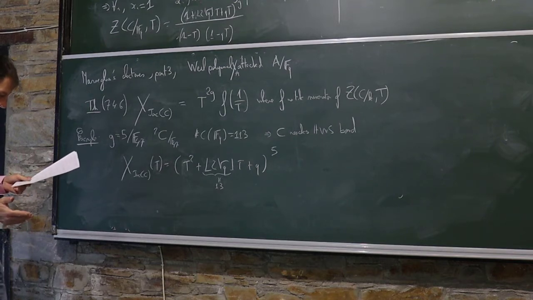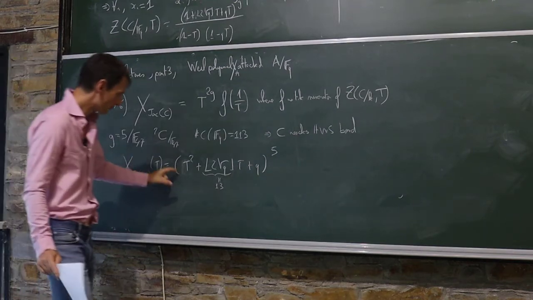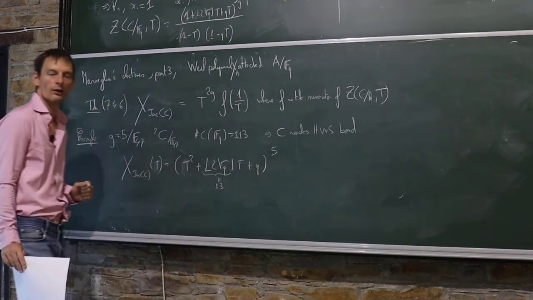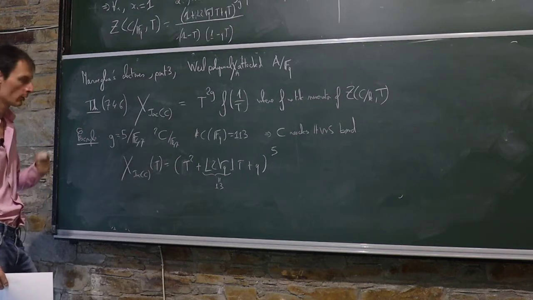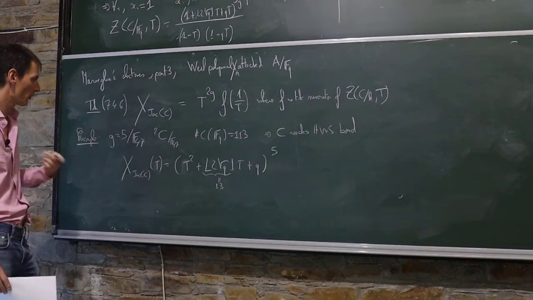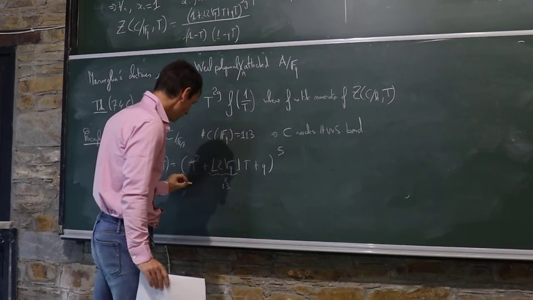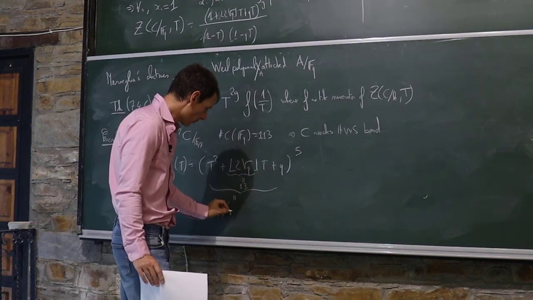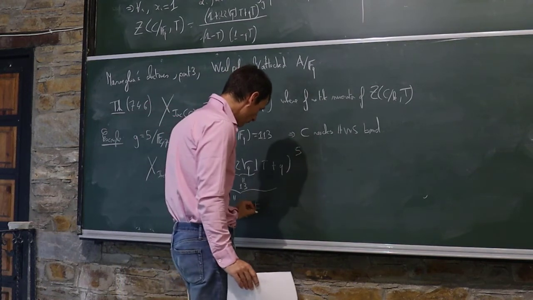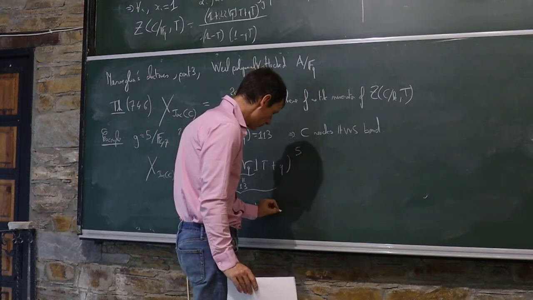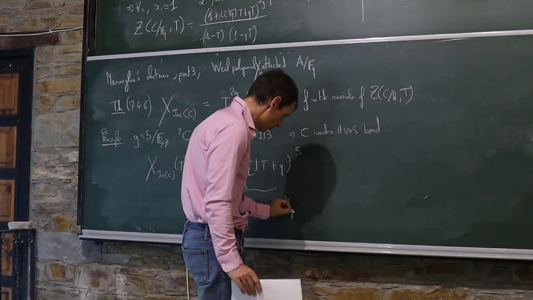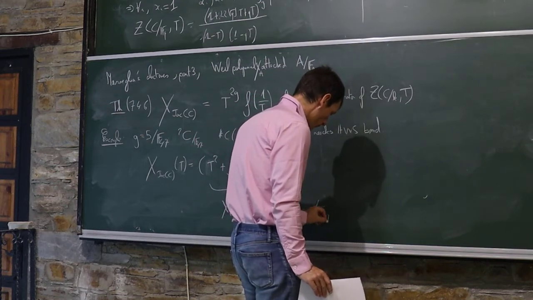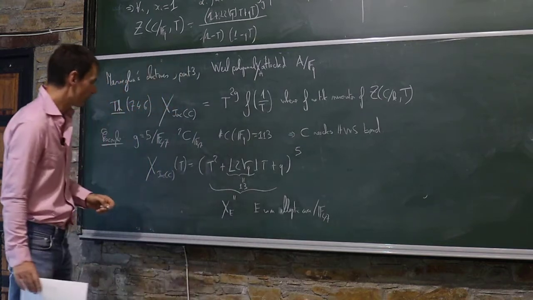What is nice is that one sees that this polynomial is actually the Weil polynomial of the Jacobian of a curve. But in that case, this is equal to chi of E, where E is an elliptic curve over F47. Why can I say this?